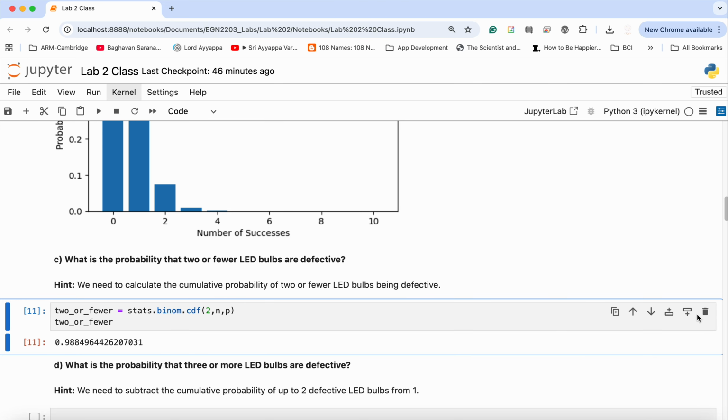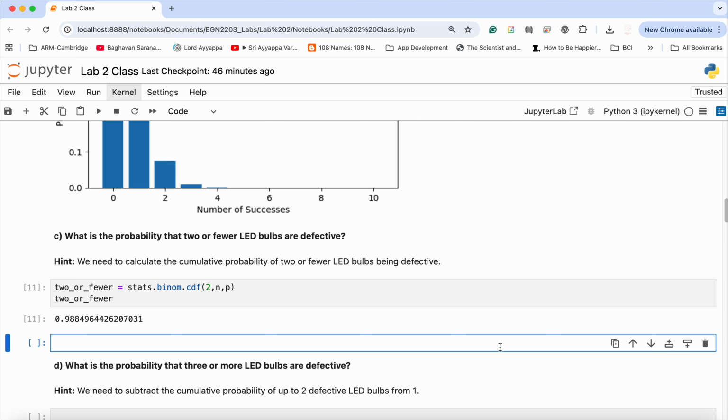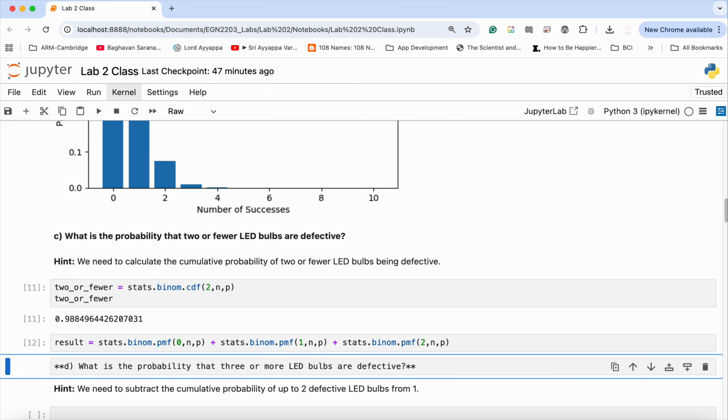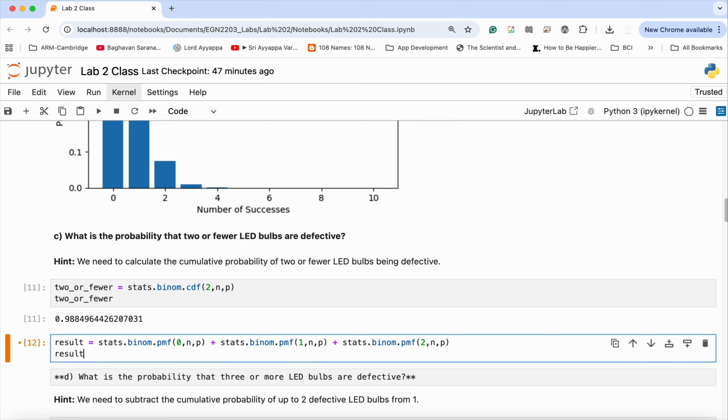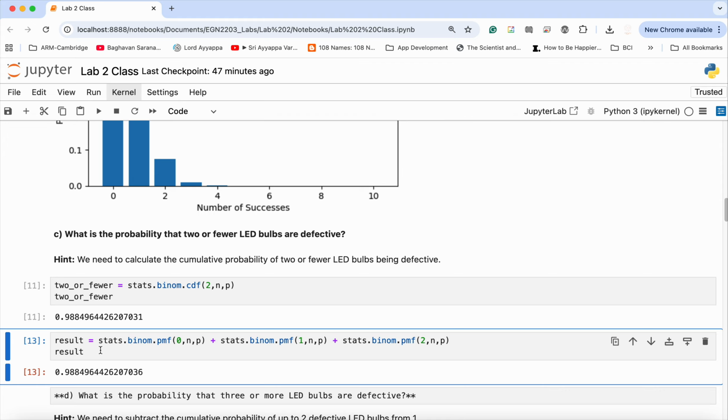Now just to demonstrate what I mean, if I do this using stats.binom.pmf of 0, n, p, plus pmf of 1, n, p, plus pmf of 2, n, p, and I print out the result, you can see that both these values are about the same, 0.9884964.